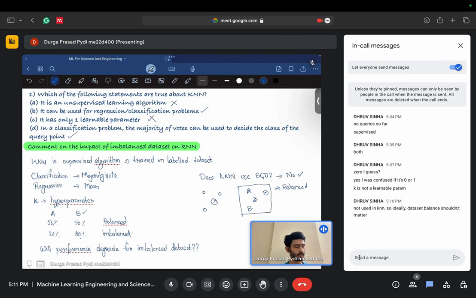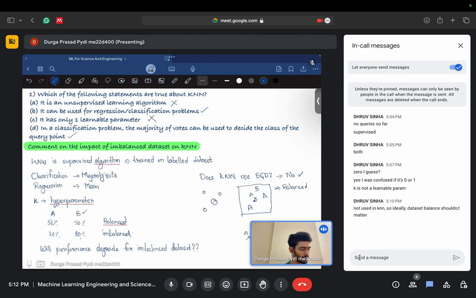But when you have an imbalanced data set, if this is your query point, the chances of finding the B's are higher. So maybe I should reverse these things. If this query point is of class A, then the chances of the nearby points being A will be higher than the nearby point being B. But now if you have an imbalanced data set, the chances of point B is higher.